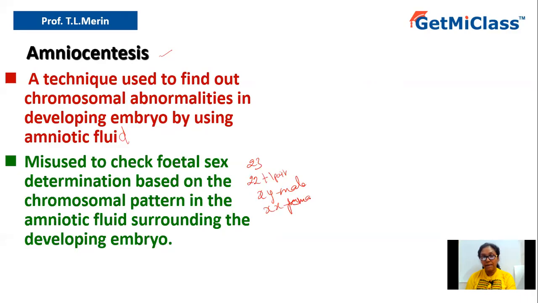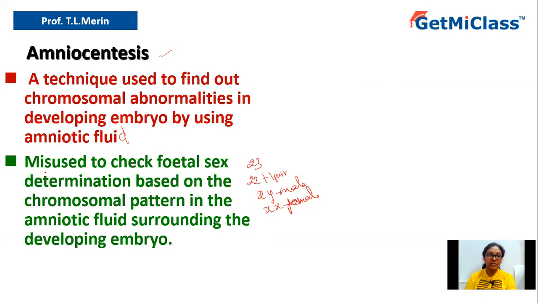Many people are using amniocentesis to check the sex of the baby. In India, there are many areas where, even till now, there are people who don't want girl babies, and if they find out by amniocentesis that the baby growing inside is female, they may bring about feticide, female feticide.